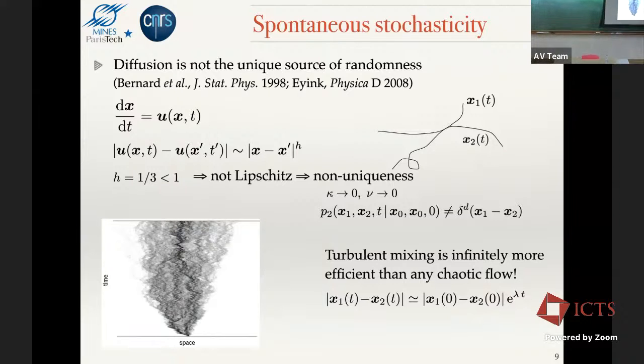Okay? And u(x) is a Gaussian process with zero mean and with correlation.